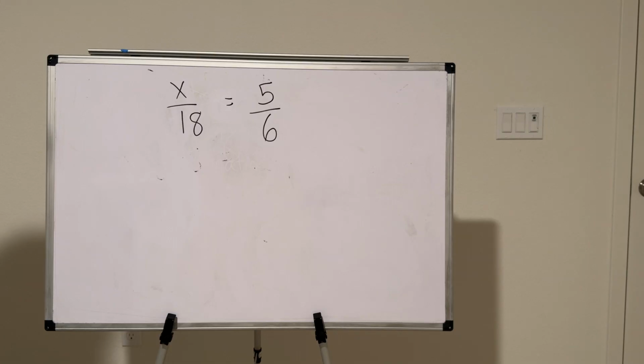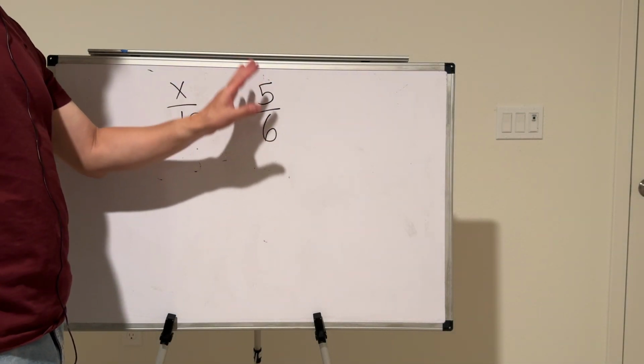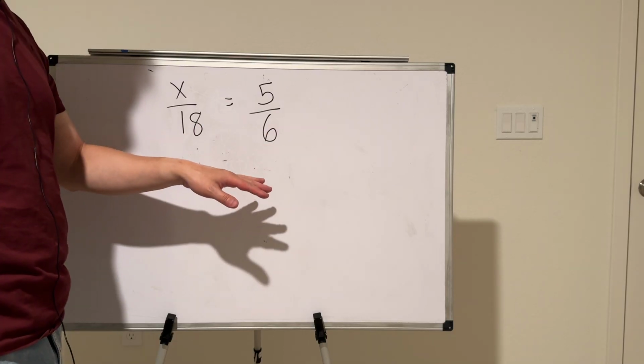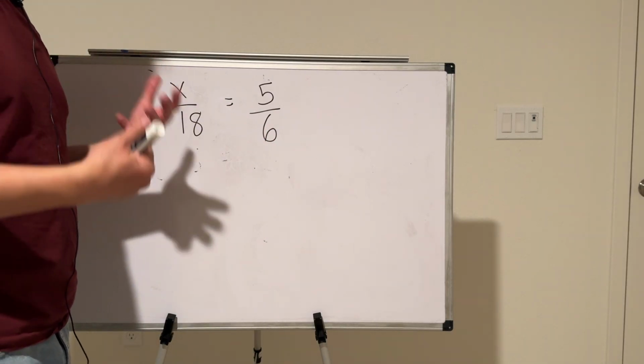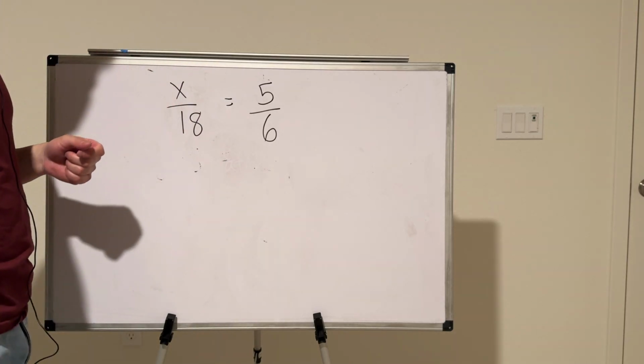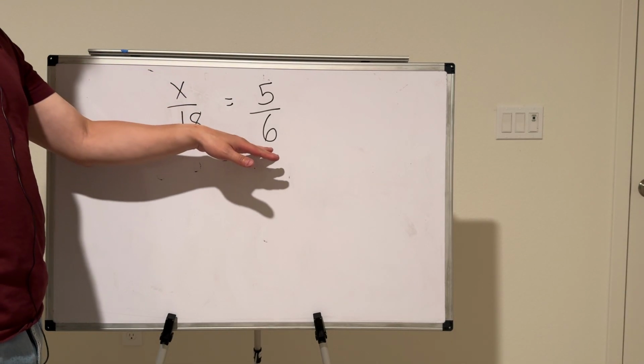What this proportion says is that I've got 5 out of 6 of something, and I want to know what would be the equivalent ratio or fraction if I had 18 objects instead of 6 objects.